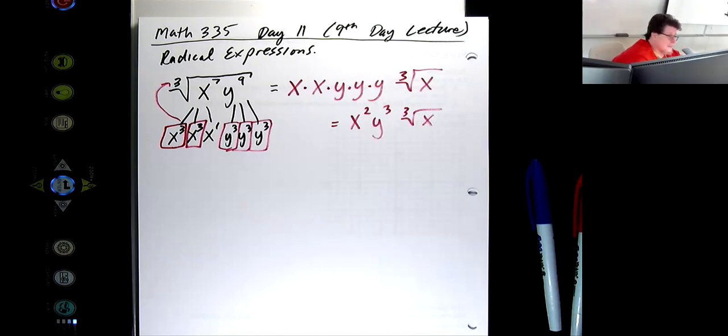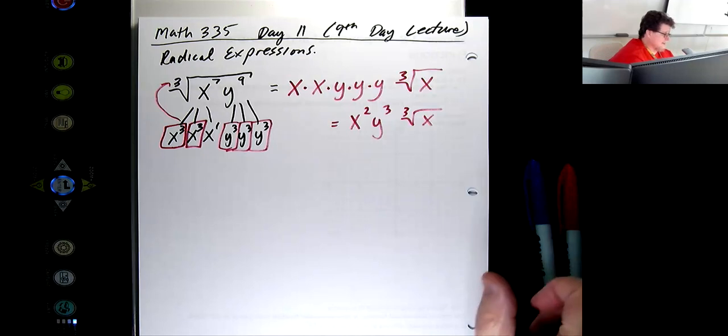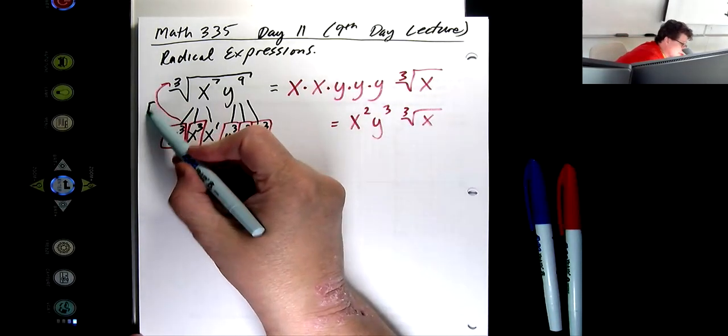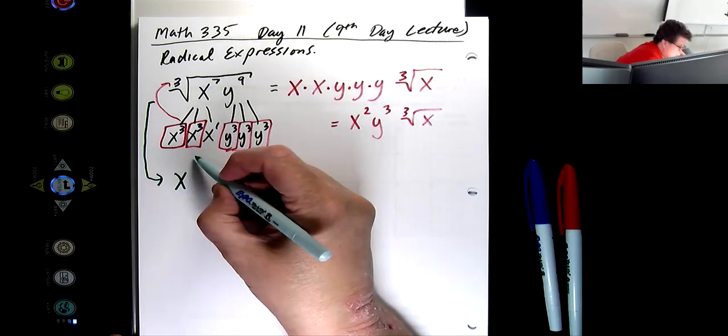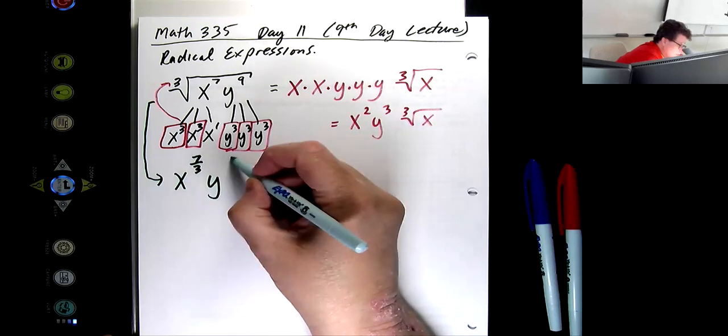I really don't think this is the easiest way to do this though. I really think this is much easier if you get used to switching this to fractions in the exponent. I'm going to redo the same thing by doing that. Another way to rewrite this is x to the 7th power over 3 and y to the 9th power over 3.